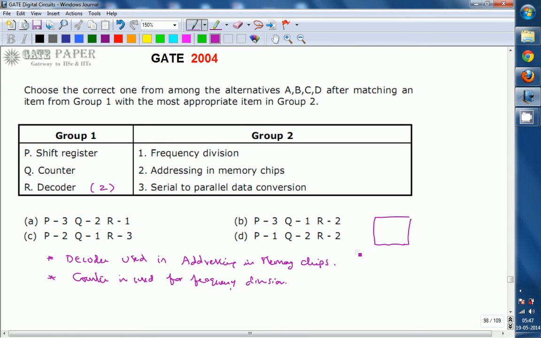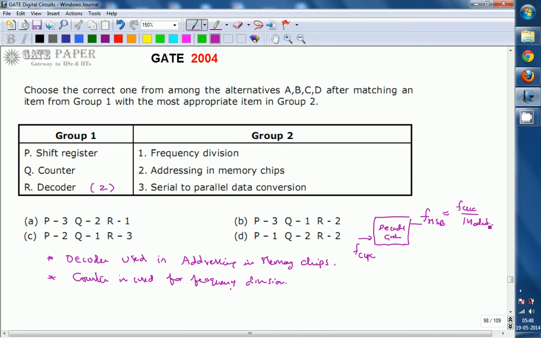Not only that, if you go for a decade counter, it has 10 states. Let us assume f clock is the input frequency. Then the frequency of the MSB flip flop is f clock divided by the modulus.